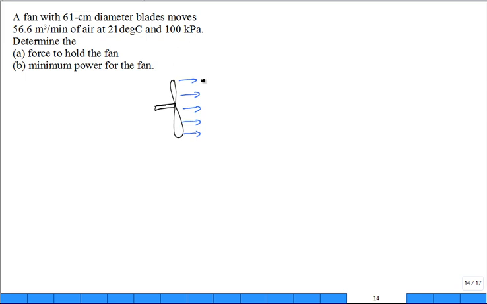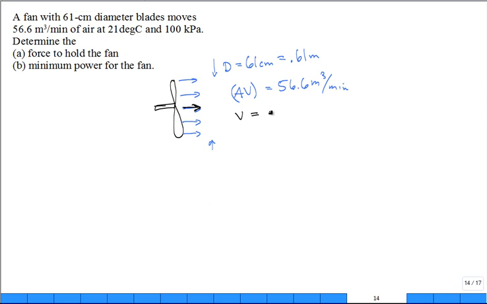We know that the diameter is 61 centimeters or 0.61 meters, and we know the volumetric flow rate, Q, is equal to 56.6 cubic meters per minute.